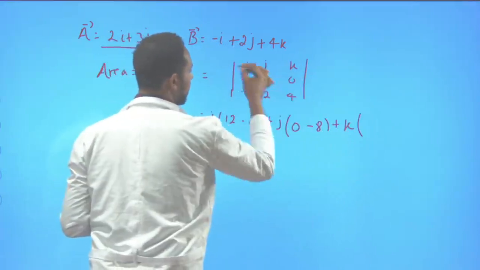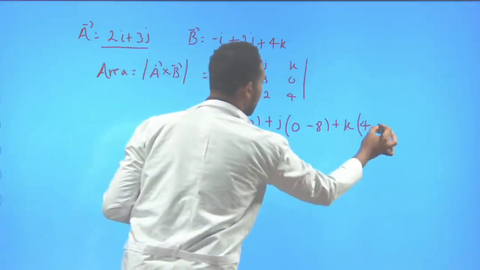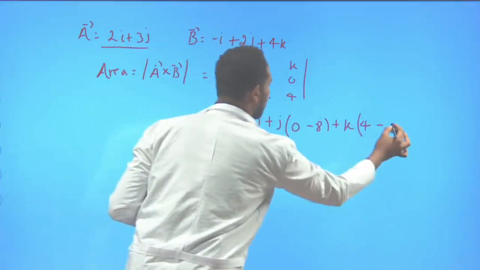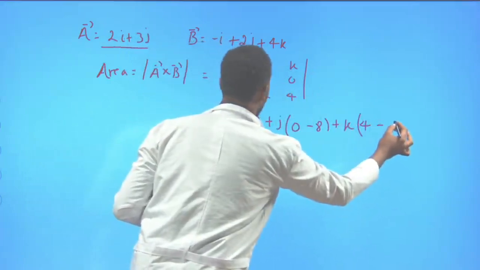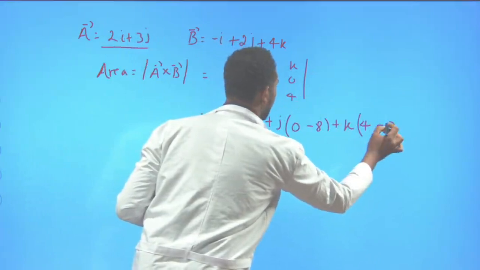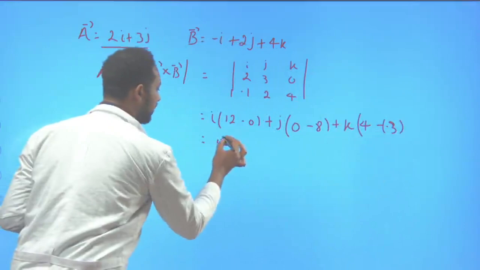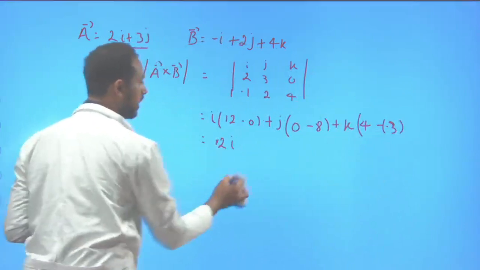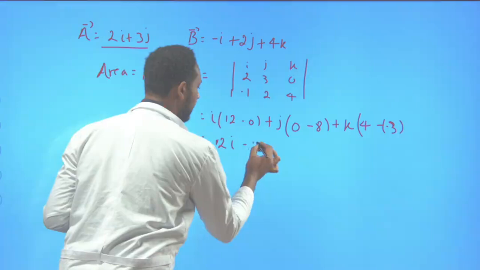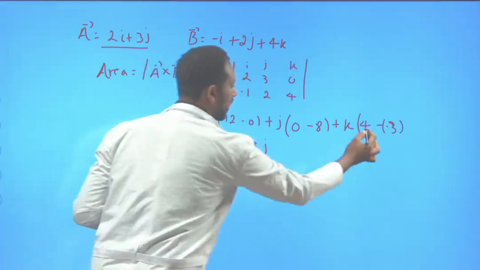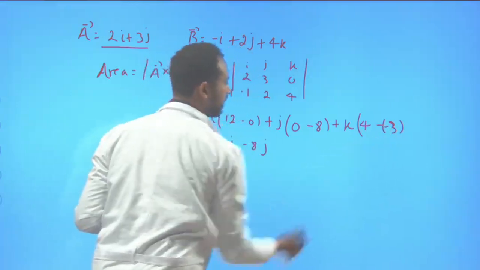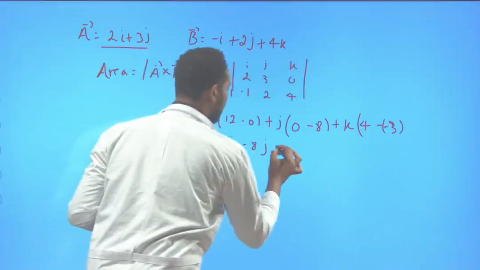If you eliminate the row and column, 2 times 2 gives you 4, minus 3 times minus 1 gives minus 3, negative 3. Therefore, this gives you 12i, and this gives us minus 8j, and this minus could make it plus 7k.